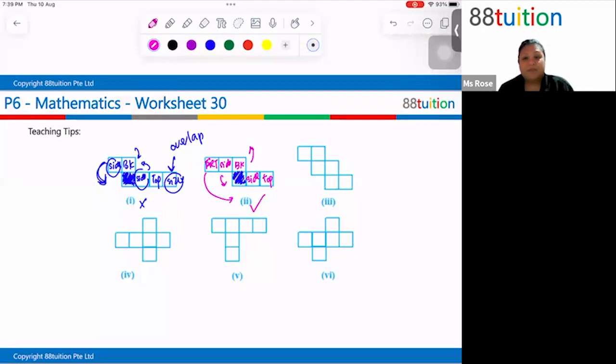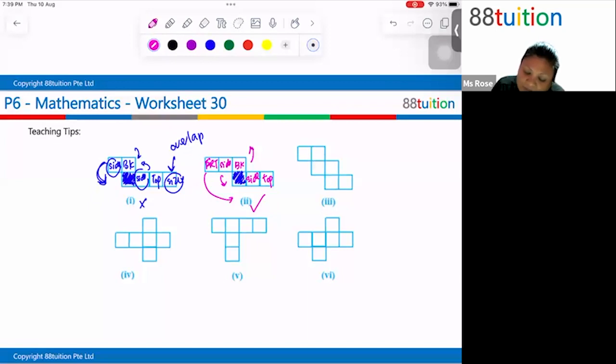Now, what about number 3? Number 3, Hannah said it is the net. Who agrees number 3 is a net? Sorry, net of a cube, yes. Oh, you remember? So remember it's a dinosaur. Okay. Yes, you can see it as a dinosaur.